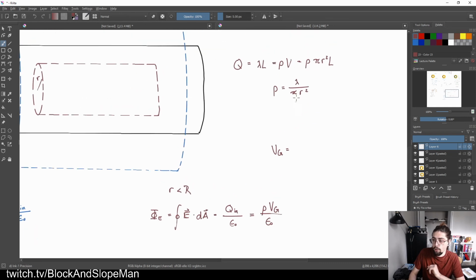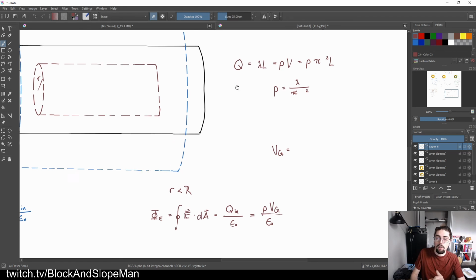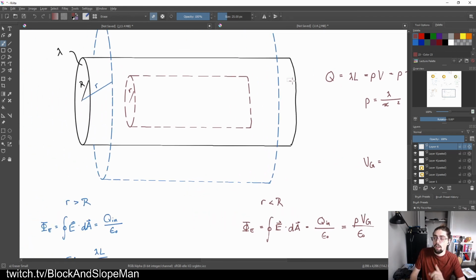V of G, whoops, I made a mistake. Rewind a little bit. This is not lowercase r. Q, lambda, L, rho, V: this was all talking about my object, the cylinder in black, which means I should be using variables from the cylinder in black.